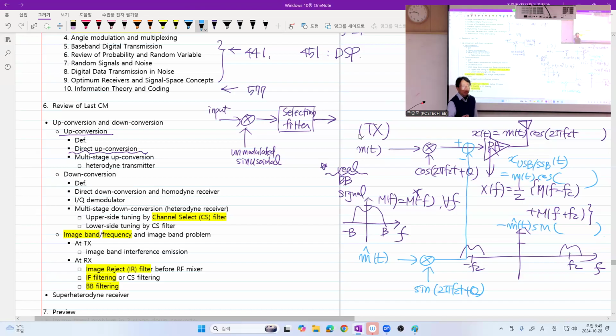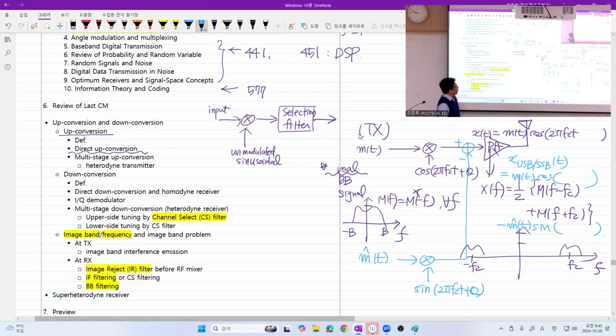So you want to generate some 30 gigahertz cosine signal, cosine 2 pi 30 gigahertz t, but with some phase noise. In that case, depending on the amount of phase noise, you may say that signal integrity is not that good.